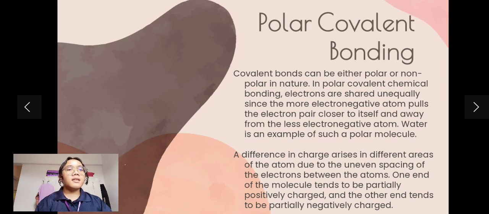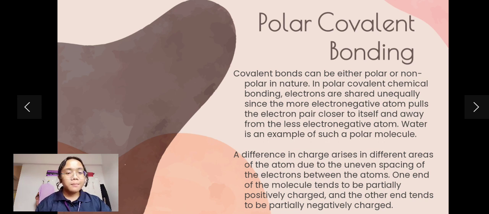Polar covalent bonding. Covalent bonds can be either polar or nonpolar in nature. In polar covalent chemical bonding, electrons are shared unequally since the more electronegative atom pulls the electron pair closer to itself and away from the less electronegative atom.